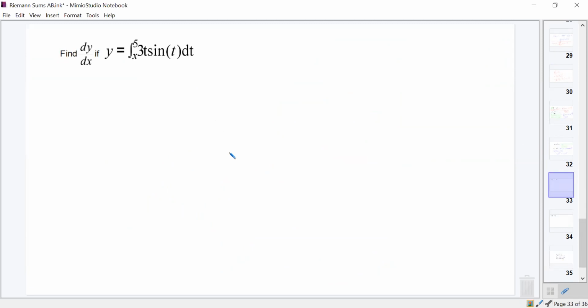All right, let's look at this one. How's this one different? X is the lower limit? Right, our x is in the lower limit rather than in the upper limit now. And so we can use the same kind of process. We can call capital F an antiderivative of 3t sine t.